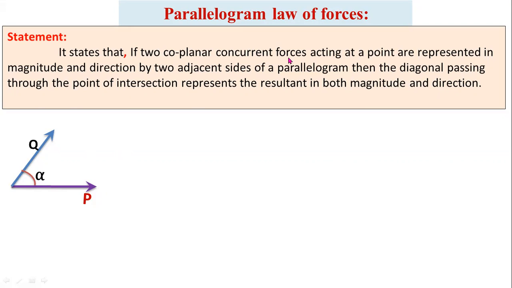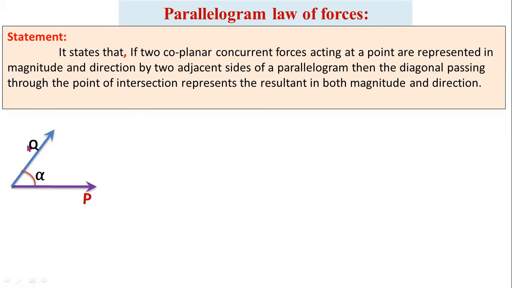If the line of action of all the forces lies in a single plane and meet together at a common point, then the force system is called a coplanar concurrent force system. So this is the example. These two forces are acting at a common point, that means concurrent, and these two forces lie in a single plane, that is coplanar.